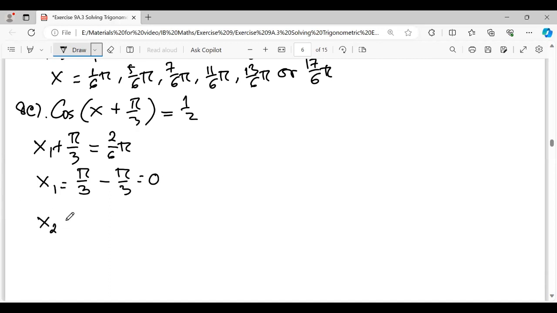X2 plus pi third equals 10 over 6 pi, just now.